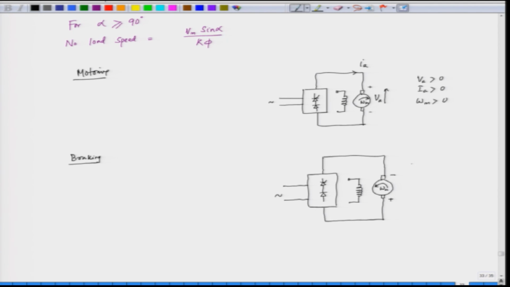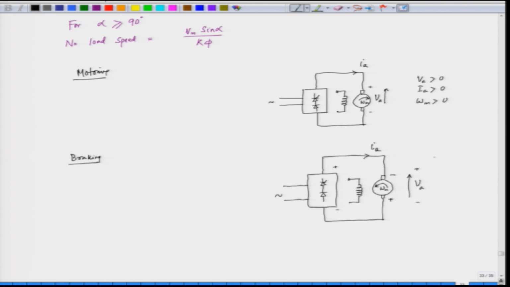So, we have the voltage V A in this case. Now, this V A is coming from the converter. So, the current is still in the same direction, because we have the converter circuit. The converter can only allow the current to flow in one direction.